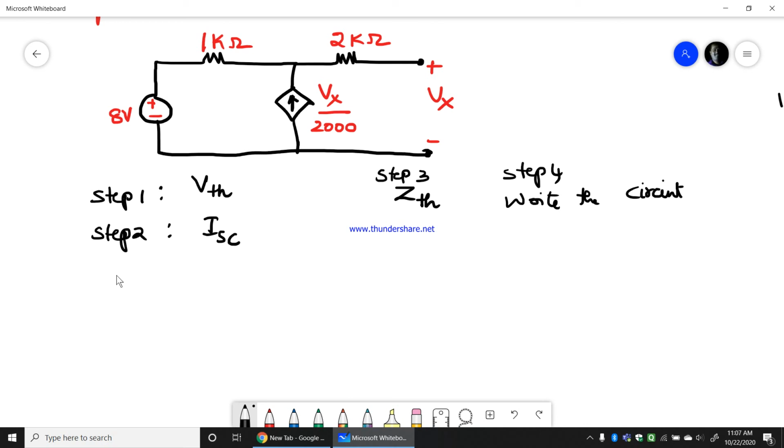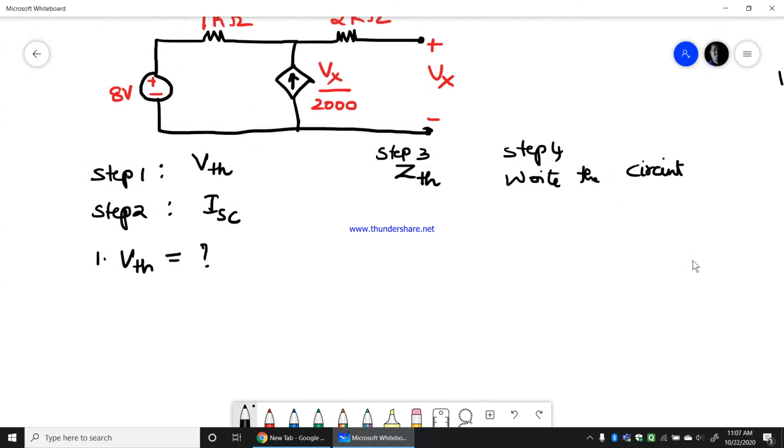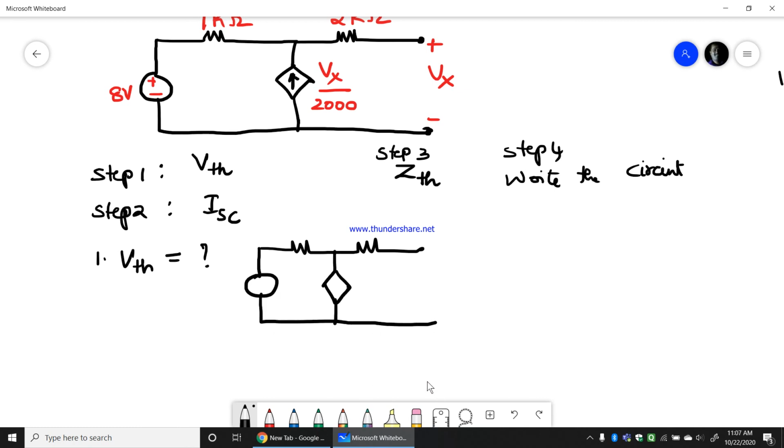Now let us find out the first step, which is VTH. So I'll just reiterate the diagram here. This is plus minus 8 volts, 1 kilo ohms, 2 kilo ohms, Vx by 2000, plus minus.